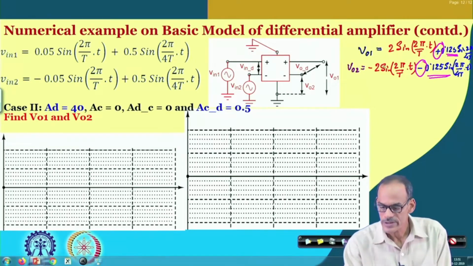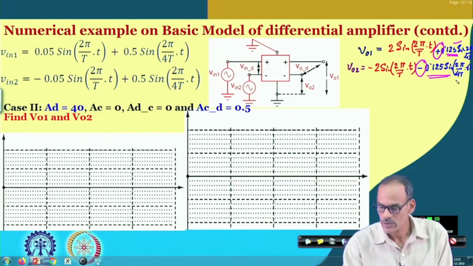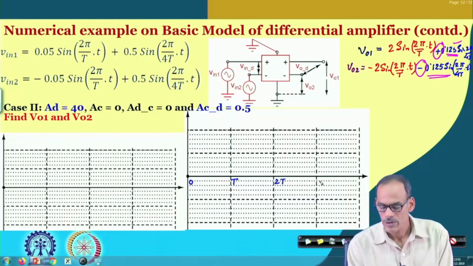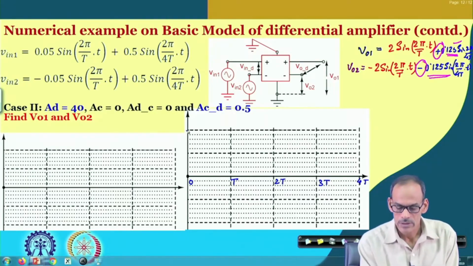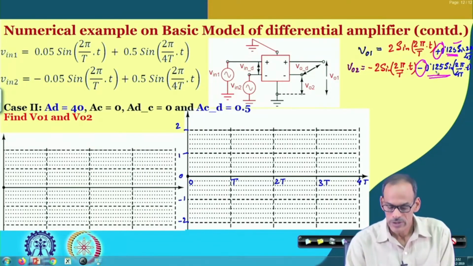If you sketch the signal here, first let me sketch the unwanted part, which has a time period of 4T. We consider the time scale 0, T, 2T, 3T and 4T, and the voltage scale 2, 1, 0, minus 1, minus 2, with an amplitude of 0.125.